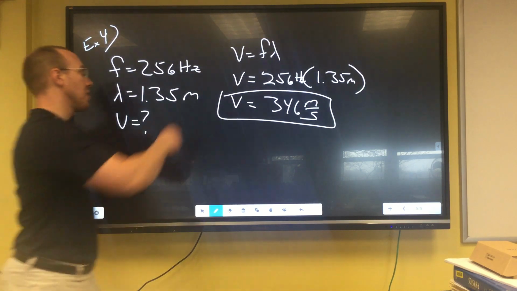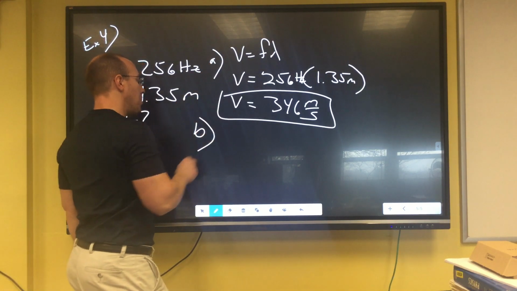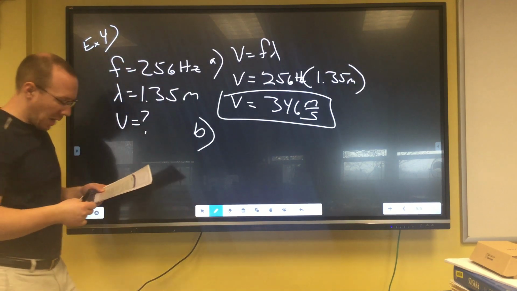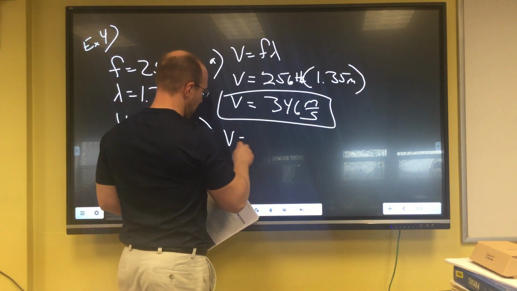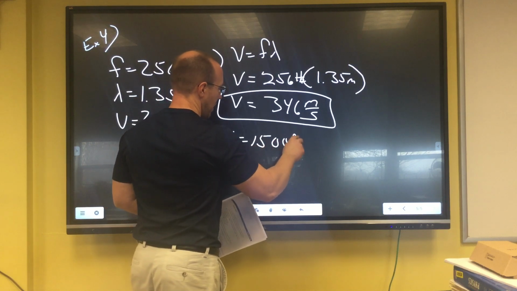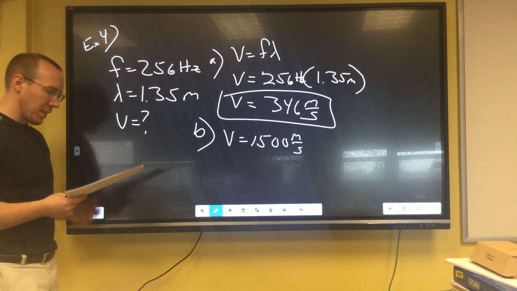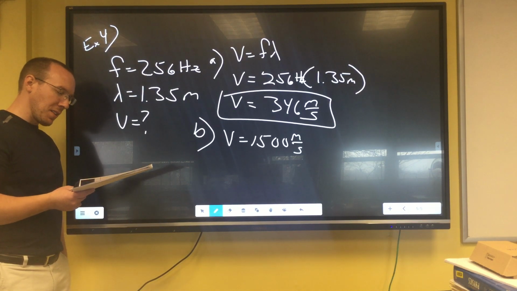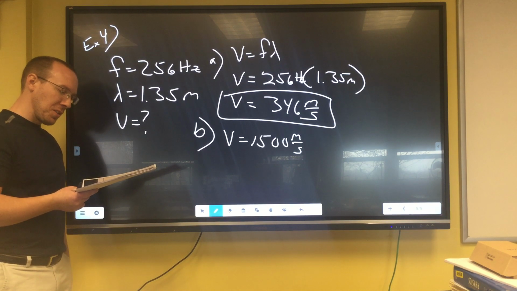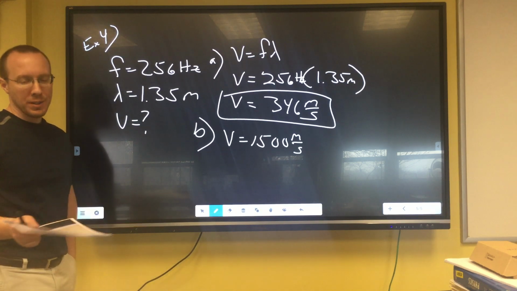There's a second part. So this is A. In B, it says, okay, how about if the sound traveled at 1,500 meters per second? That's like 4 to 5 times greater. It says what would the wavelength of the wave produced by this tuning fork be in water?